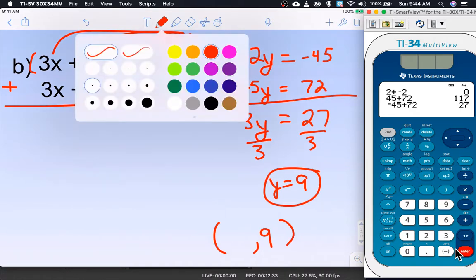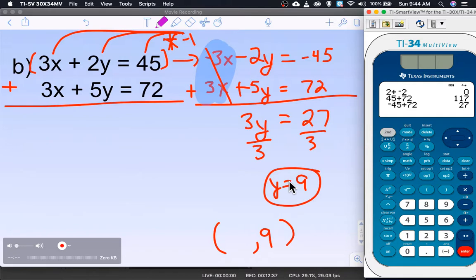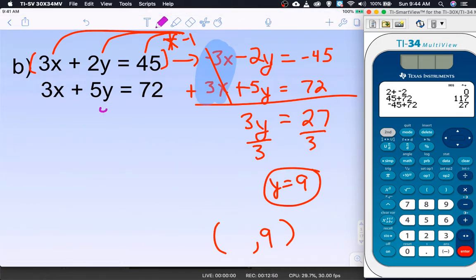Now, in order to find the x value, I'm going to take that 9, that y value, and plug it into one of my original equations. I'm going to plug it into this bottom equation simply because, well, I've got space for it right here. I'm going to erase this. So I'm just going to plug the 9 in right there. So that becomes 5 times 9. There we go. And we're going to solve for x. This is 45 equals 72.